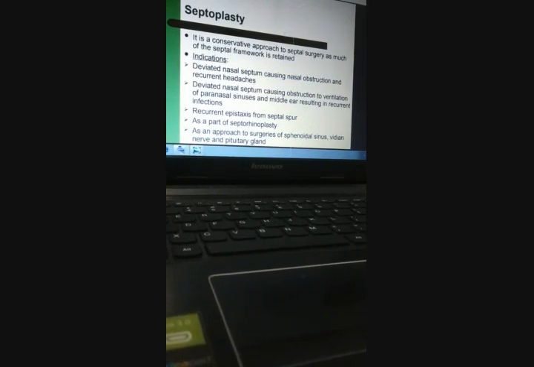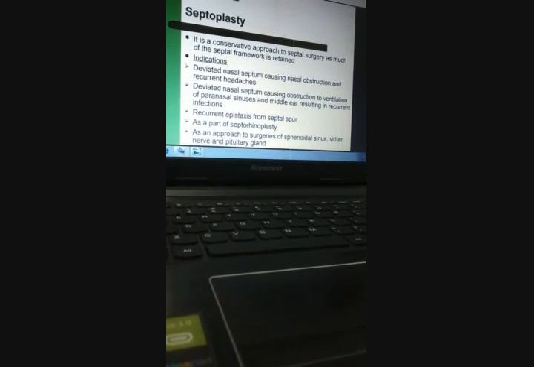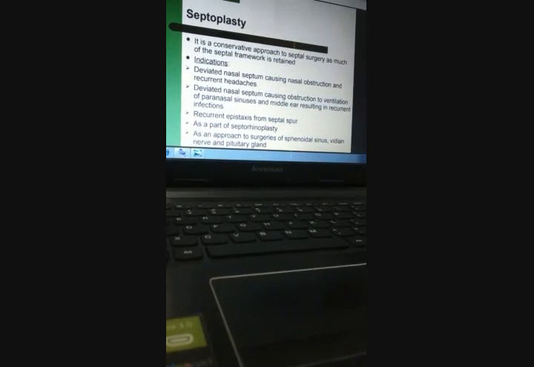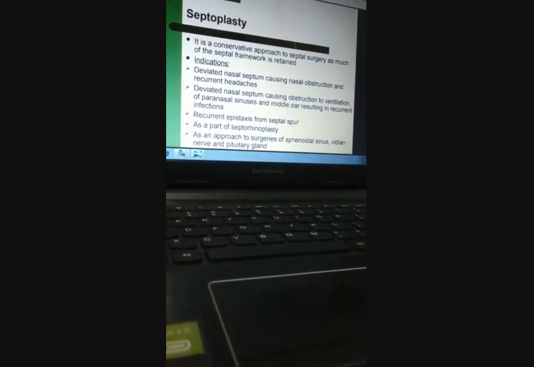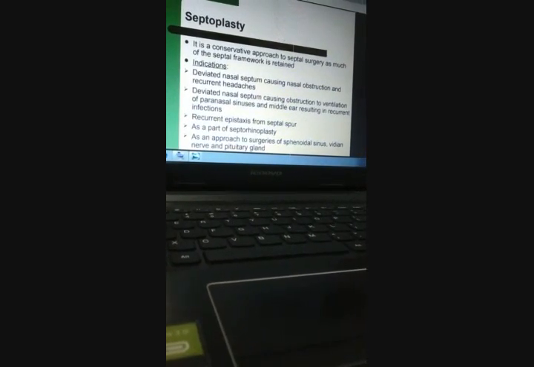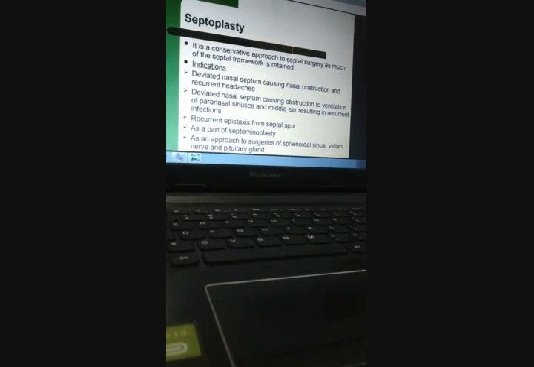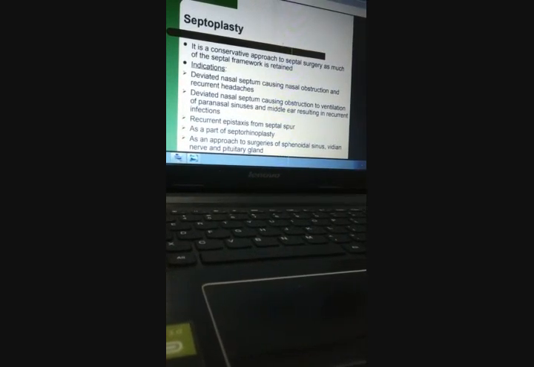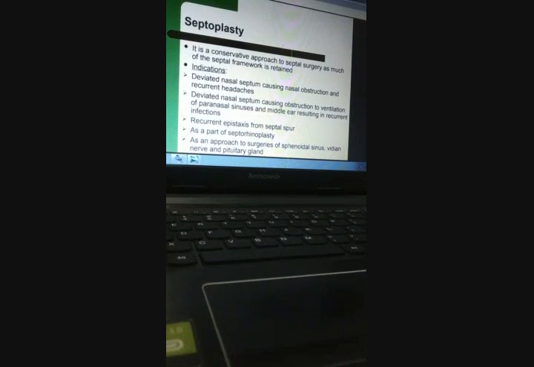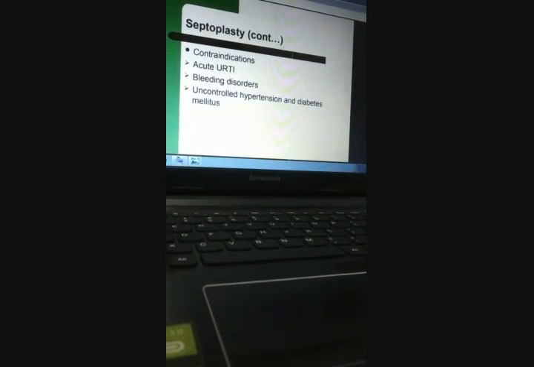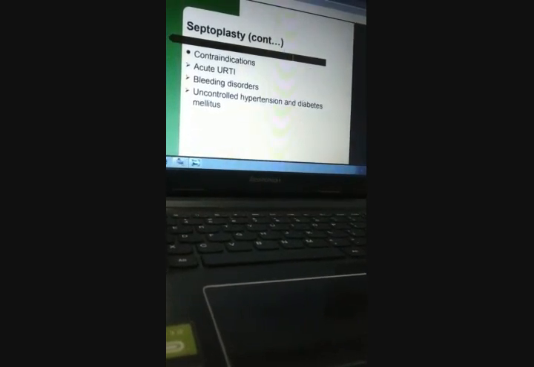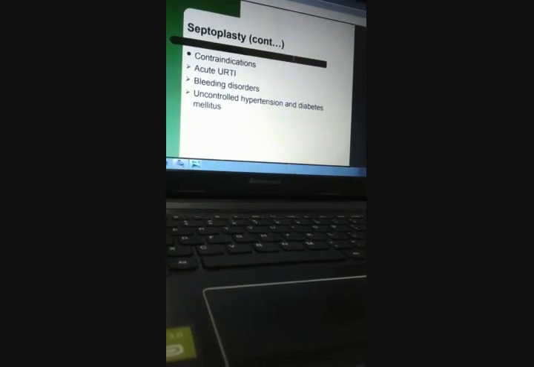Recurrent epistaxis from septal spur, as a part of septorhinoplasty, as an approach to surgery of the sphenoidal sinus, median nerve and pituitary gland. So almost the indications are same as in SMR.